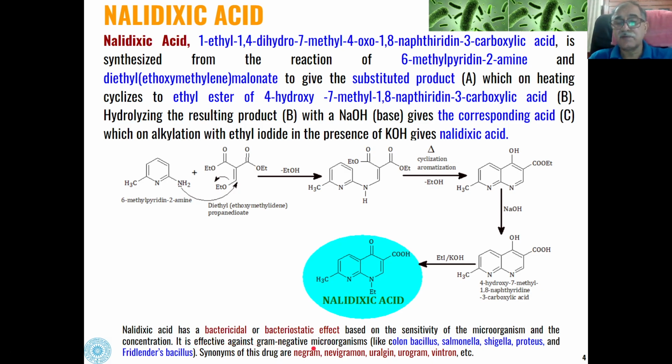Nalidixic acid is effective against gram-negative microorganisms like E. coli, Salmonella, Shigella, Proteus, and Klebsiella. The other names of this drug are Negram, Nevigramon, Uroligin, Urogram, and Wintron.